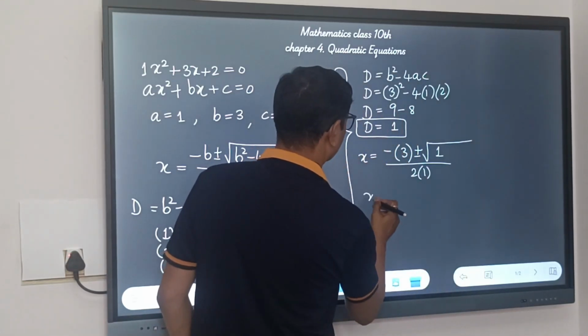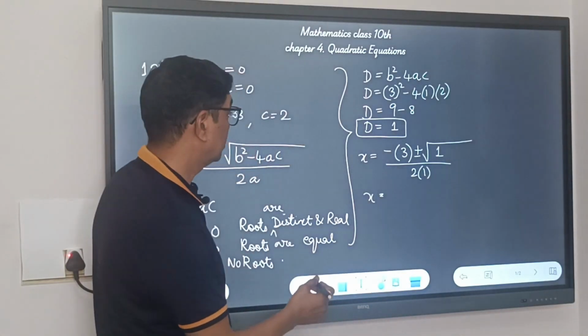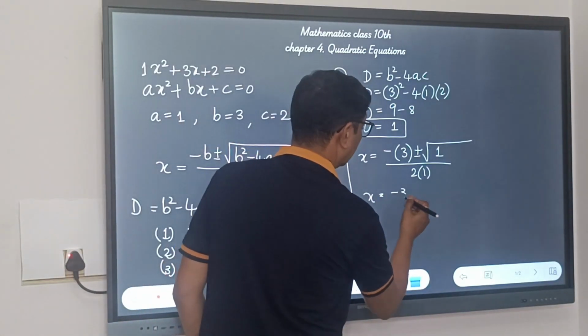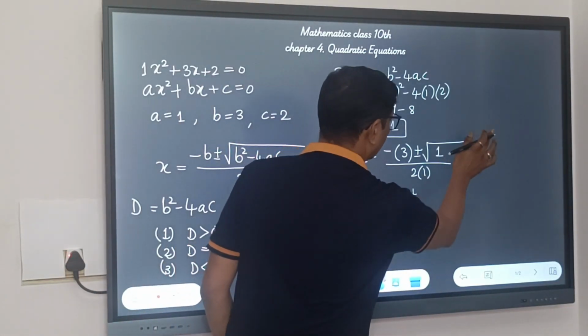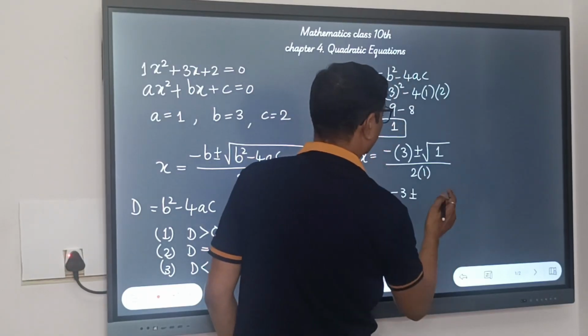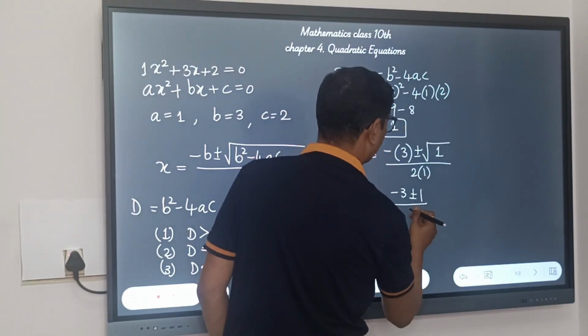So x is equal to minus 3 plus or minus square root of 1. Square root of 1 is 1, divided by 2.